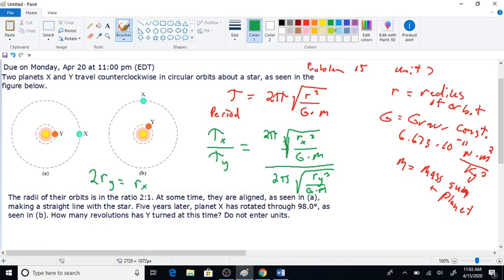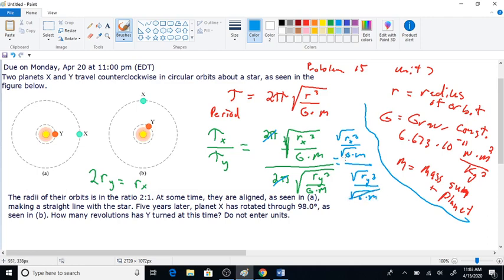Okay, well, look what we can cancel out. We can cancel that out. Now this is under the radical, so you can do this with radicals: radical rx cubed over radical G times M, all over radical ry cubed over radical G times M. That's a property of radicals.